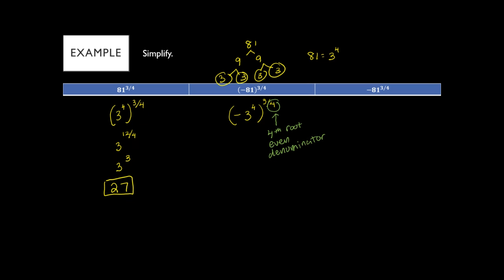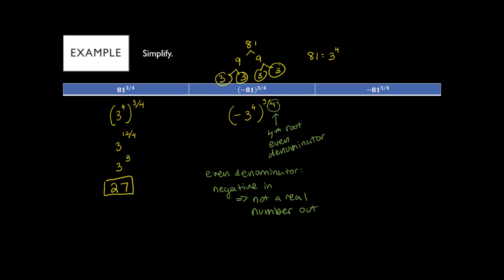You're going to get an error if you put it on your calculator, especially because it's not a square root, it's a fourth root. So even denominator, if you have a negative in, not a real number out. You can't find an answer for that. So just a little basic rule there.